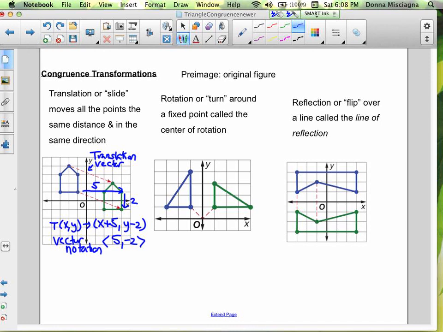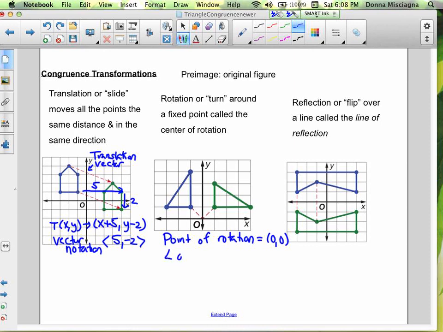Now we have our rotation, which turns a figure around a fixed point called the center of rotation. We also need to know the angle of rotation. Here our angle of rotation is drawn in, as well as our point of rotation. The point of rotation is 0, 0, or the origin.